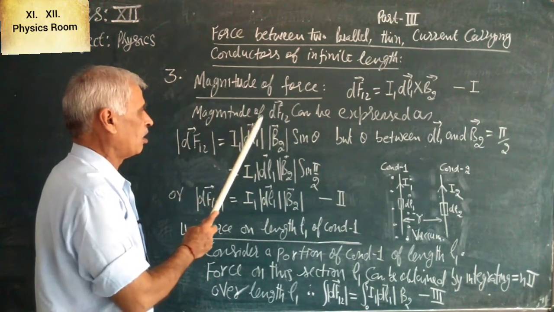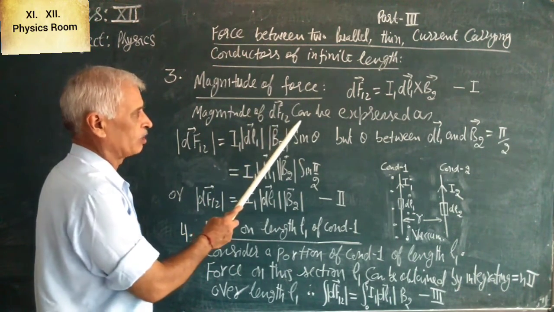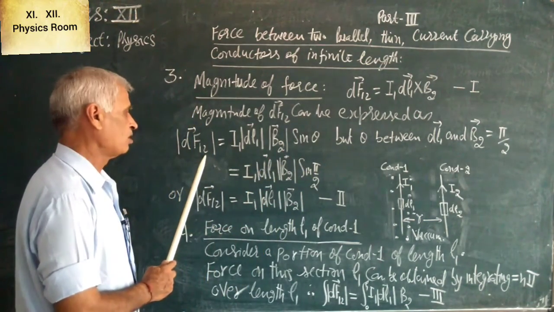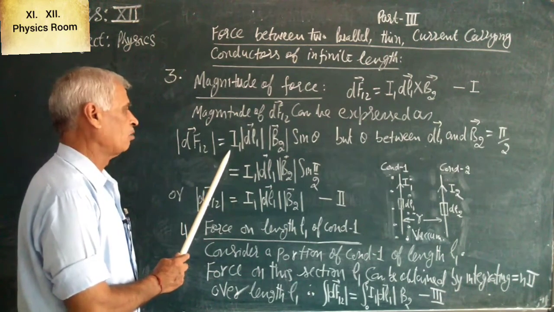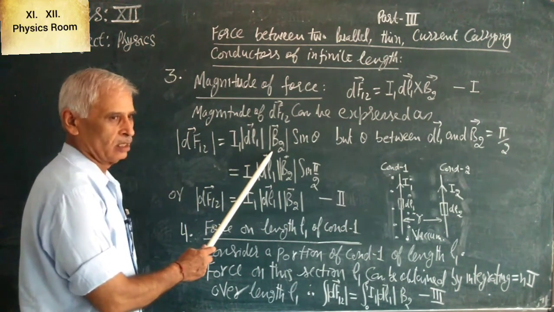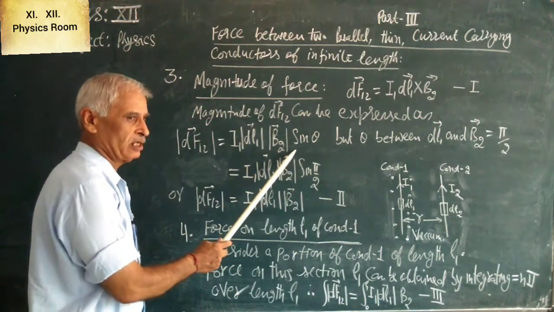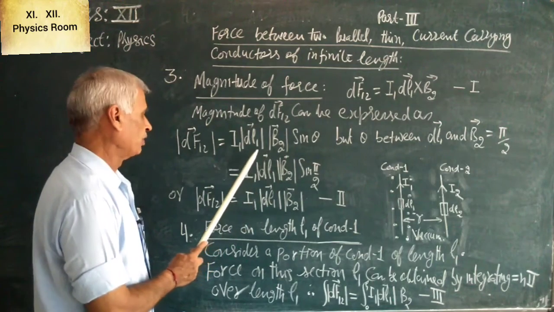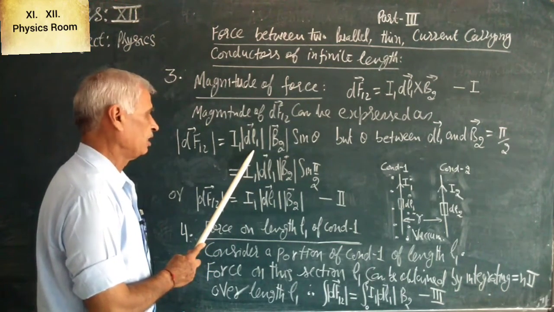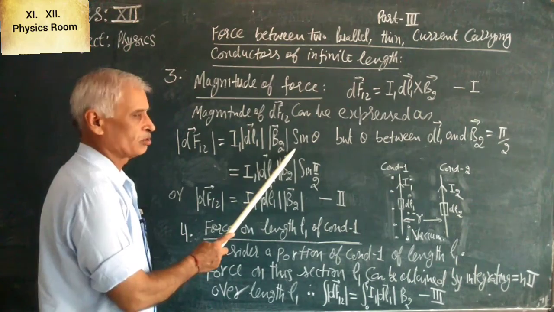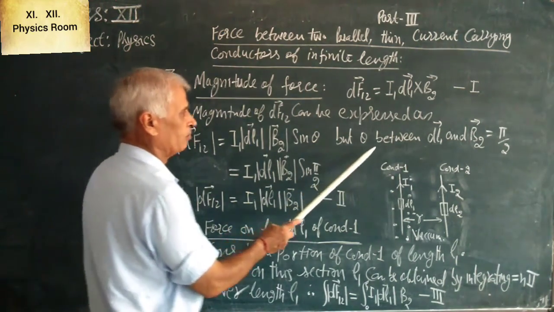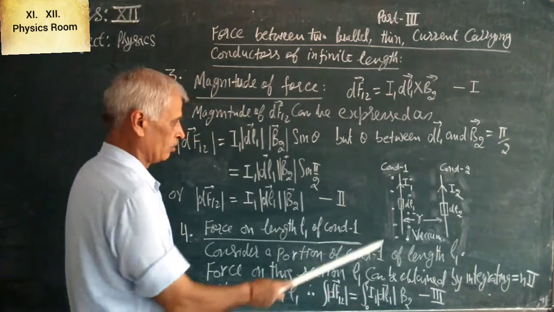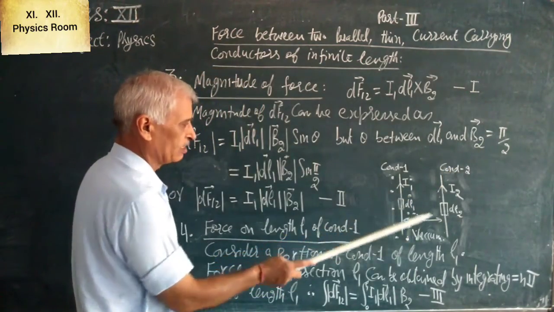The magnitude of dF12 can be expressed as mod dF12 is equal to I1 mod dl1 mod B2 sin theta, because it is a cross product. But theta between dl1 and B2 is equal to pi by 2, because this is the direction of current flow and the field is in this direction.